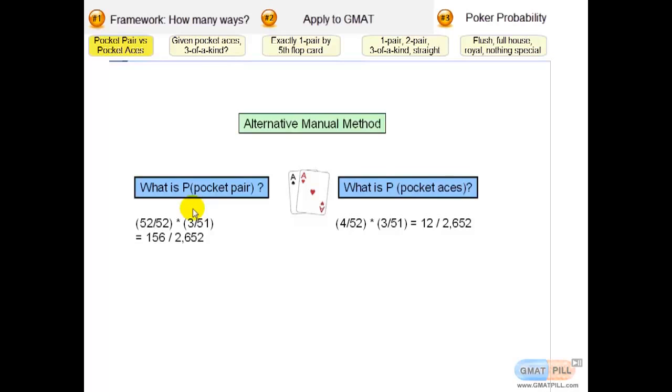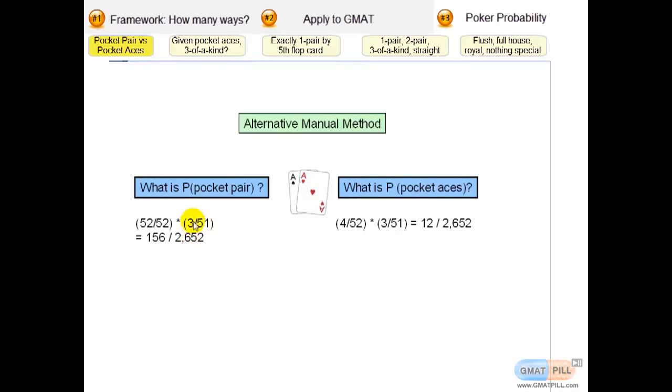So first, it doesn't matter what your first card is. Then your second card has to match that first card, and there's only 3 ways to do that. And the deck reduced from 52 to 51. So then you simply just do 52 over 52, which is 1, times 3 over 51. Now, of course, you can just multiply it out.